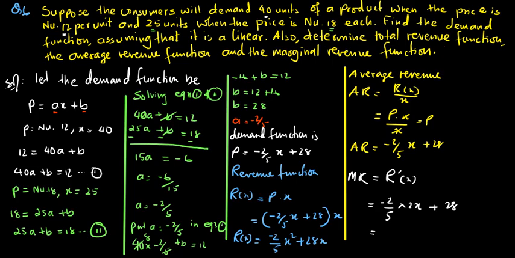So it will be minus 4 by 5 x plus 28, which is the marginal revenue function. So with this we have answered all the questions. Thank you.